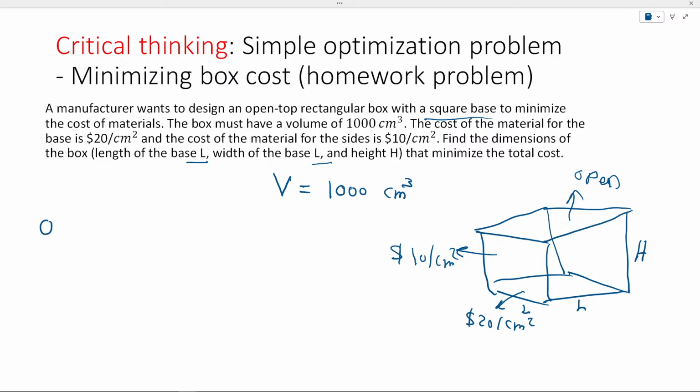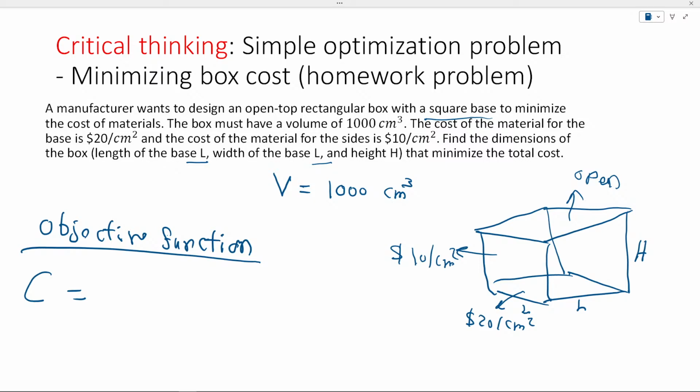So again, you write an objective function. That's what you do. And what is your objective function? This is the cost. What is the cost equal to? The cost would be the cost of the base plus the four sides. The base would be 20 times L square, because that's a square.